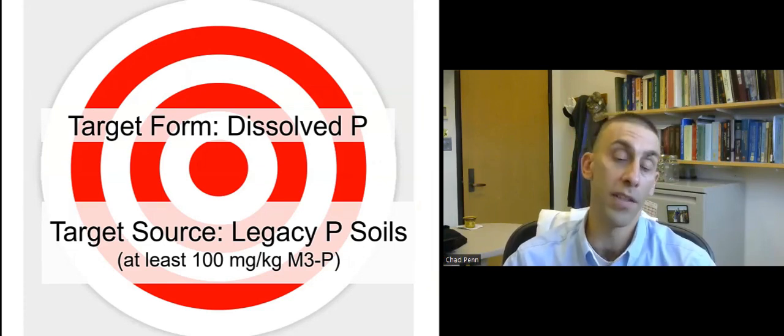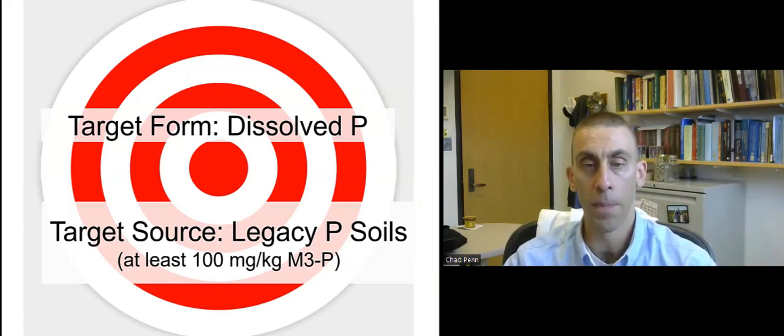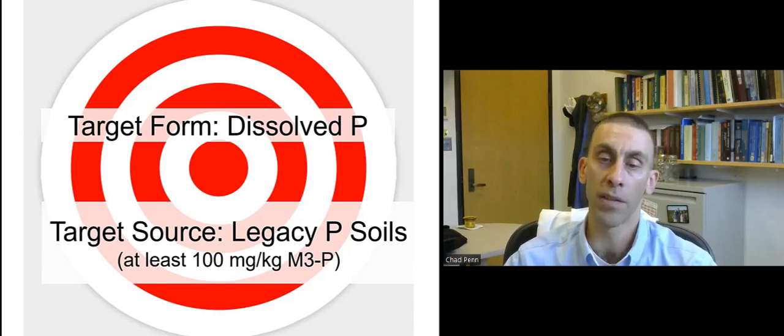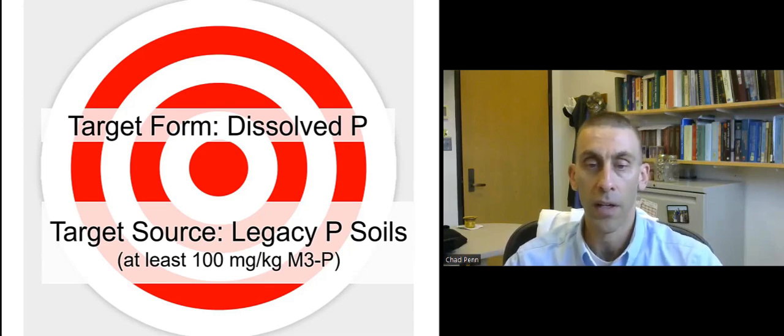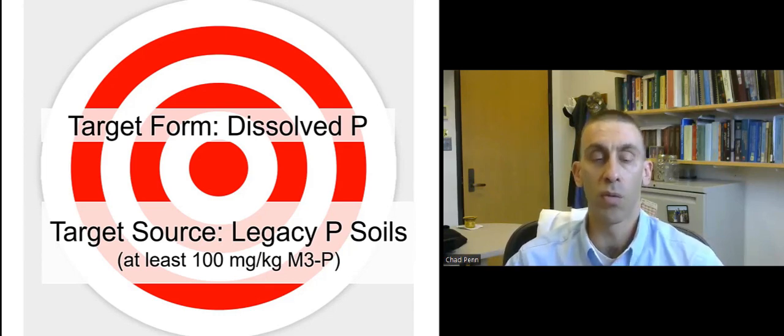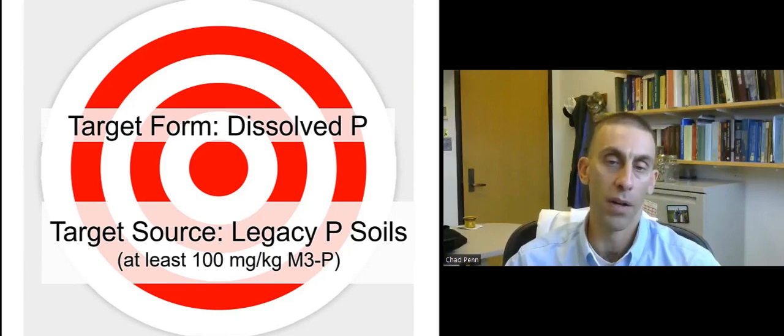We call that incidental loss of phosphorus, and we have other best management practices for those, namely the 4Rs. In this case, we're talking about high P soils that are a chronic source of dissolved phosphorus.